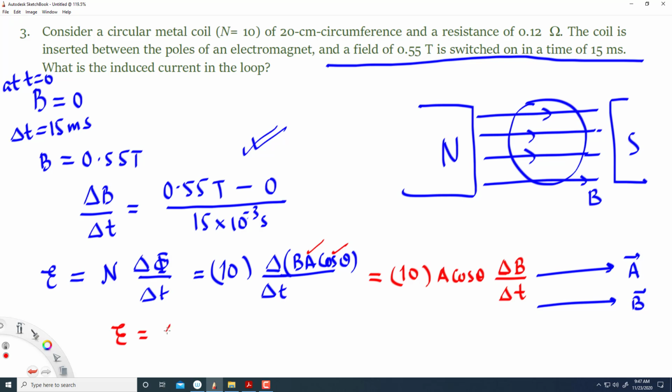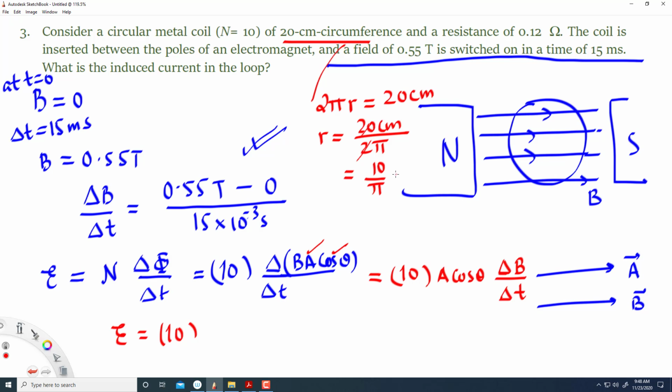So 10, and the area of the loop is pi r squared. We are given the circumference. Circumference is 2 pi r, and we are given that 2 pi r is 20 centimeters. You can find r: r is 20 centimeters over 2 pi, so that's 10 over pi centimeters is the radius.